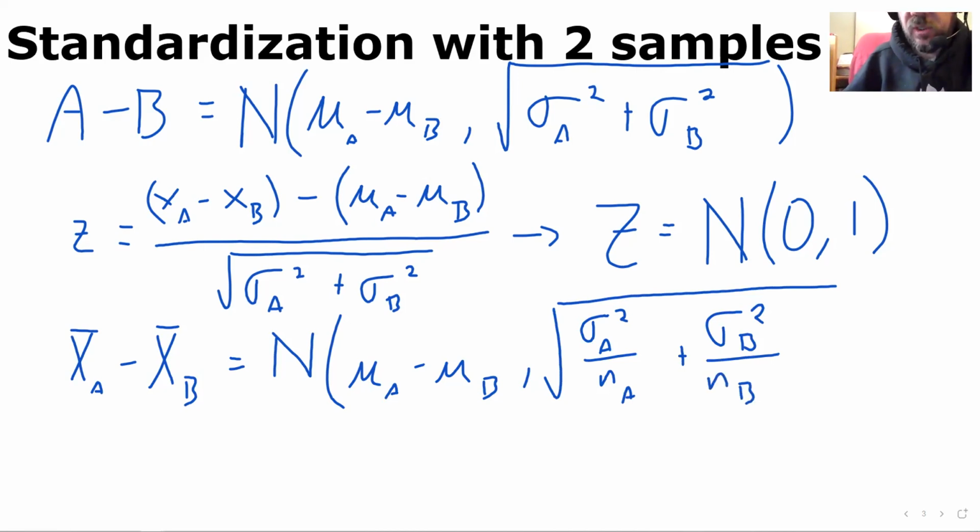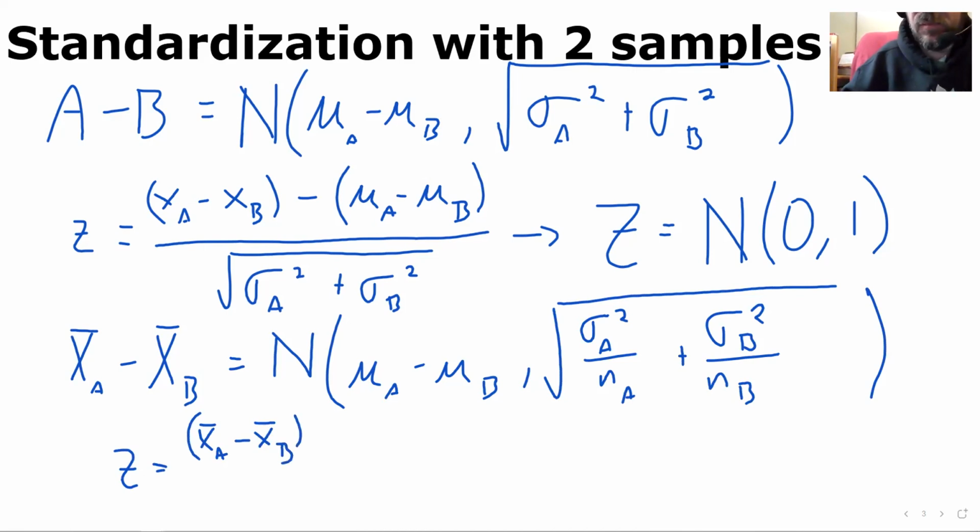So as you can imagine, when we normalize this, we get Z equals this thing we've got. So we've got x bar A, that's lowercase x bar, minus lowercase x bar B. That's one element of this distribution.